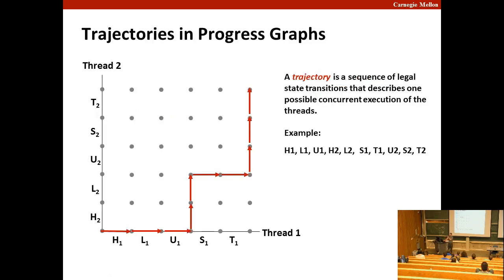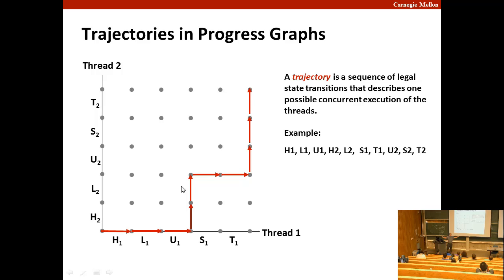If we trace the progress of a process, here's thread 1 executing its head, then its load, then its update. Now it's getting interrupted and thread 2 is making its progress. Thread 2 is executing its head and now its load. Now we've got a problem. Both of these processes have loaded variables.